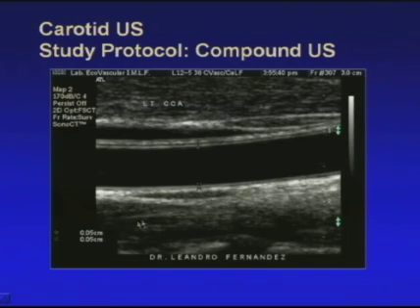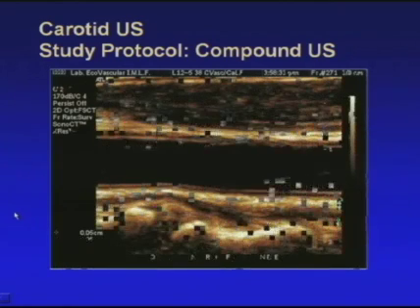The normal measurement of the Intima-media is less than 0.9 millimeters. When you have an Intima-media of 0.9 millimeters, it can be considered abnormal. You can see that it is enlarged in those cases.